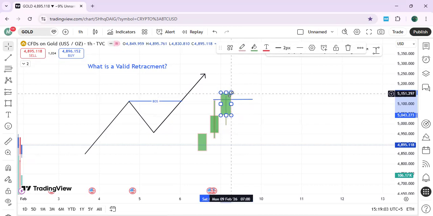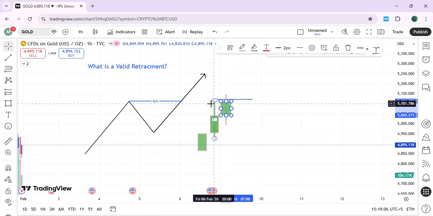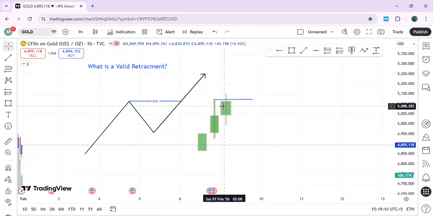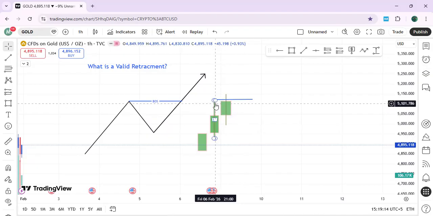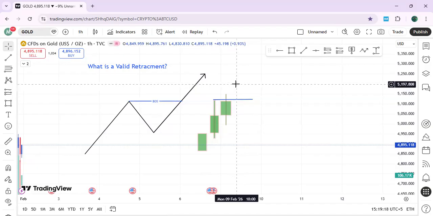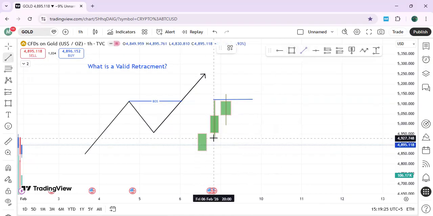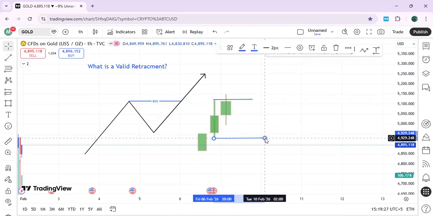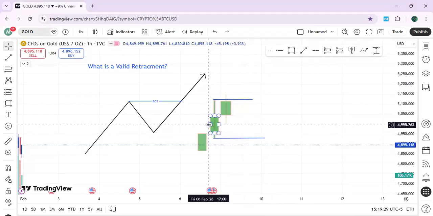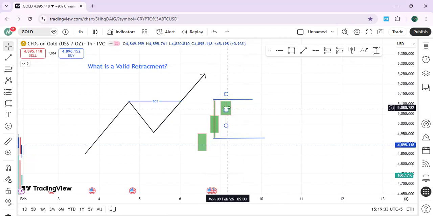And if the market closes within the previous range of the candle, it's not an independent bar, it's a dependent bar because it closes within the wick of the previous candle. So always remember, for a valid retracement, what should we do? We just mark the lowest point of the candle in that way. Just see, this one is our independent bar. This one is our dependent bar.